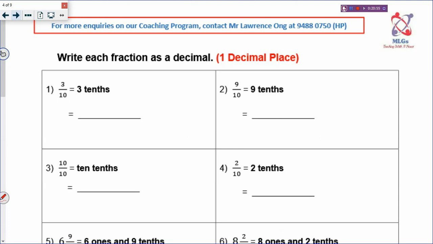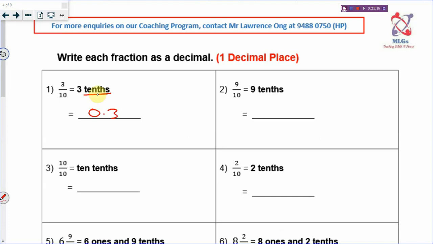Okay, now how do we change a fraction to a decimal, which is very easy. Now you can see the example is done for you. 3/10 is 0.3 because it's one decimal place, right? One decimal place means there's only one digit behind the decimal point, so that will be 0.3.